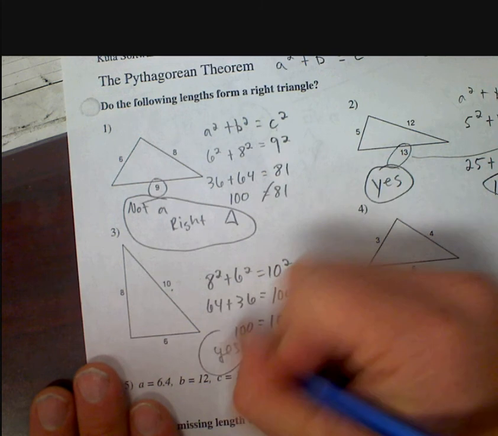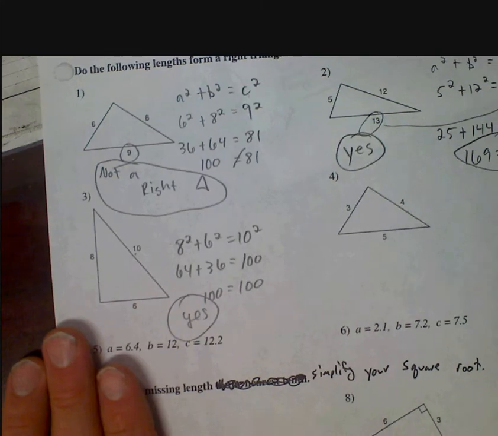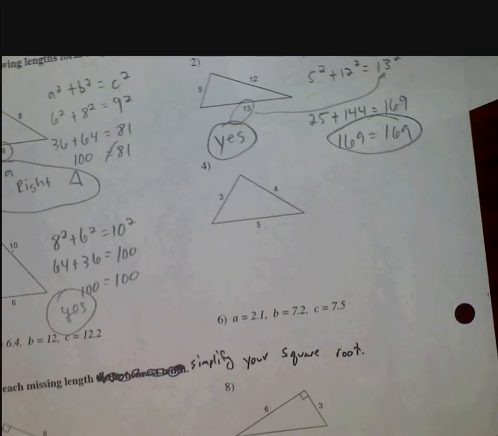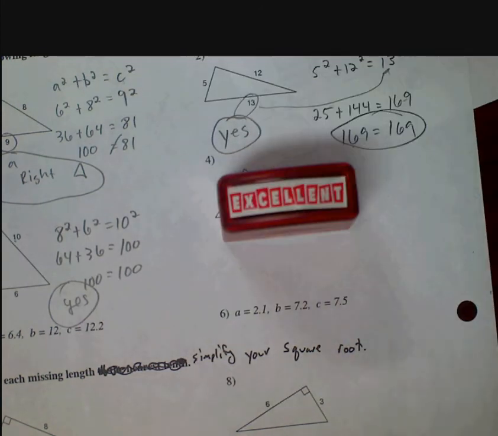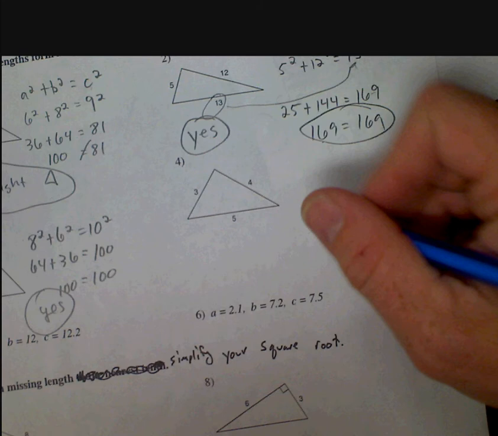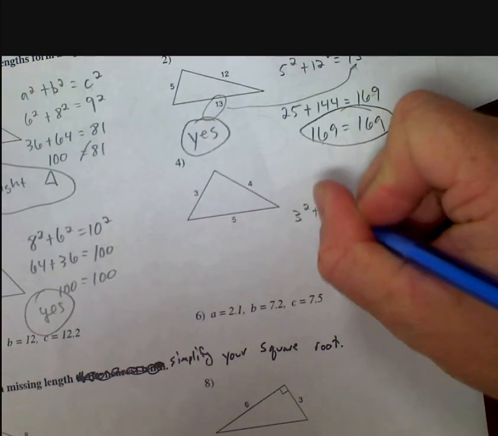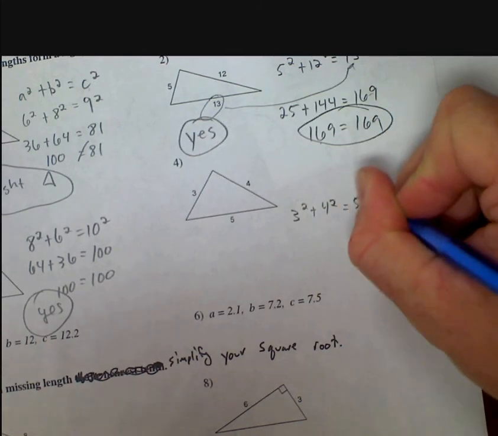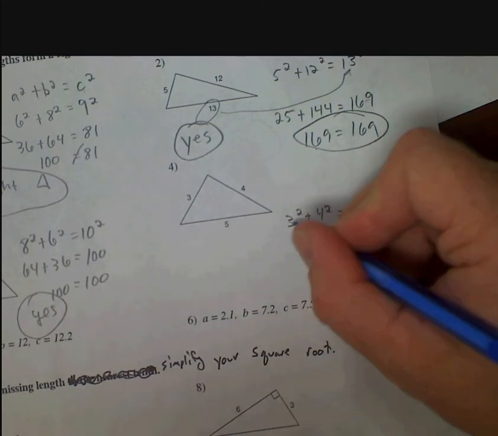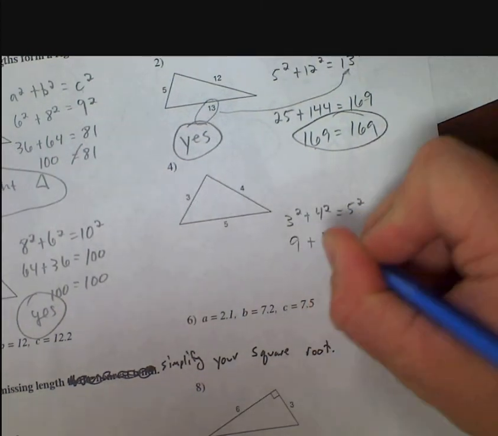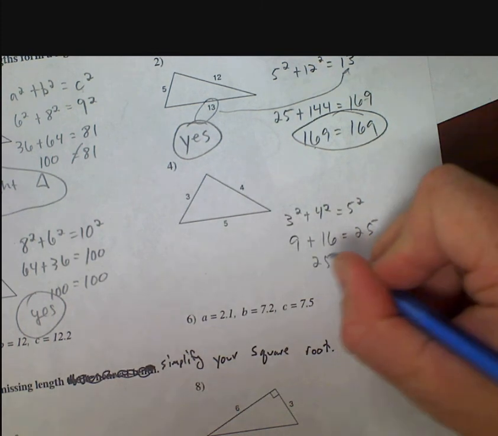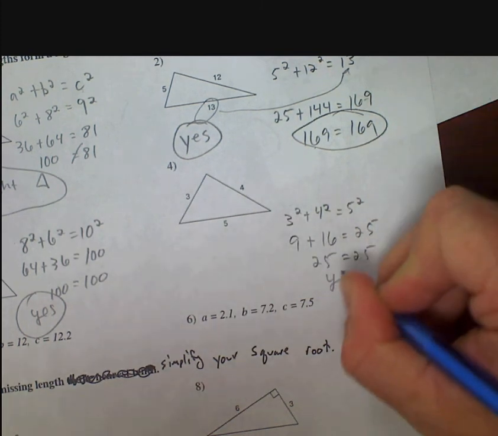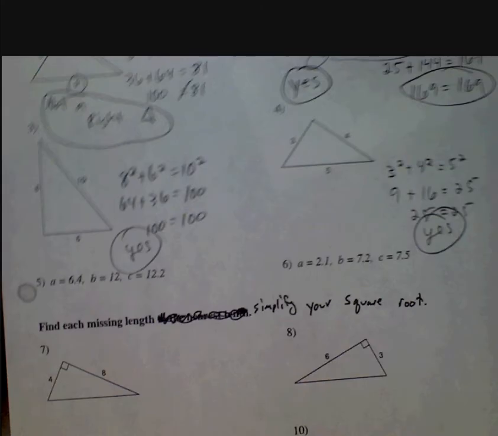So yes, it is a right triangle. Number 4, pause the video and try. On number 4, we have 3 squared plus 4 squared equals 5 squared. So this would be 9 plus 16 equals 25. 25 does equal 25, so this is yes. It is a right triangle.